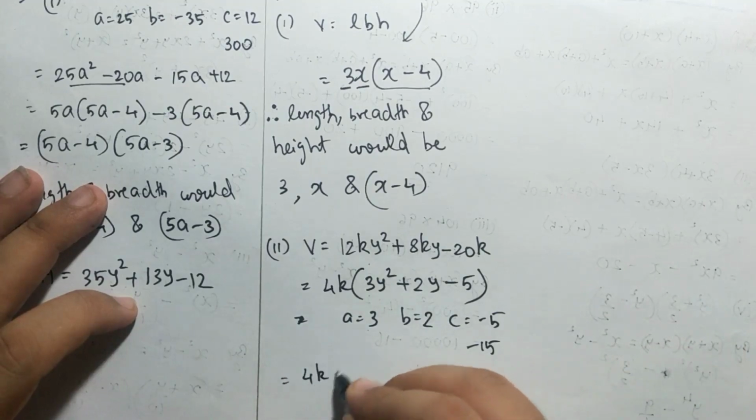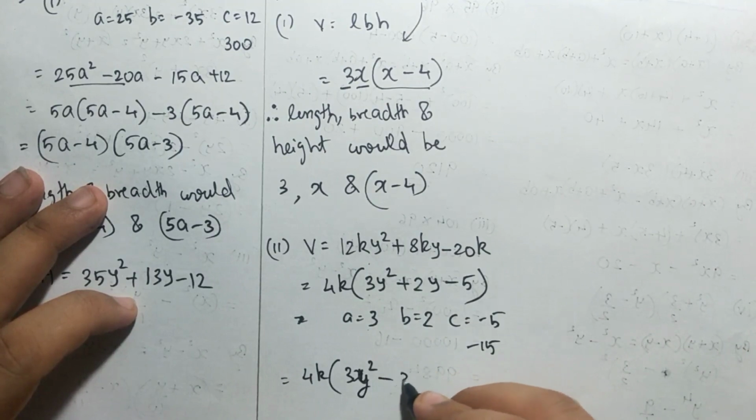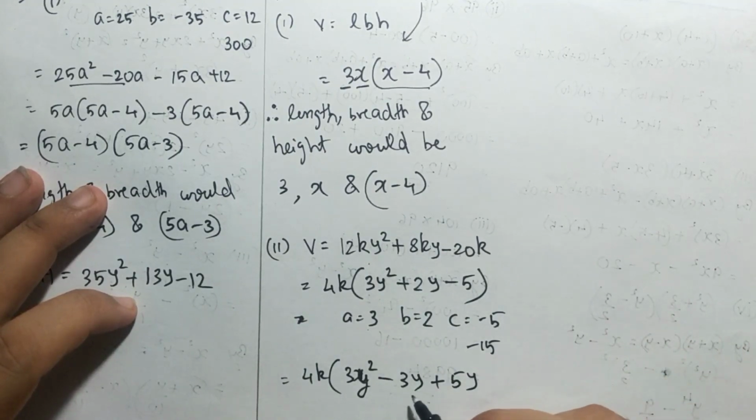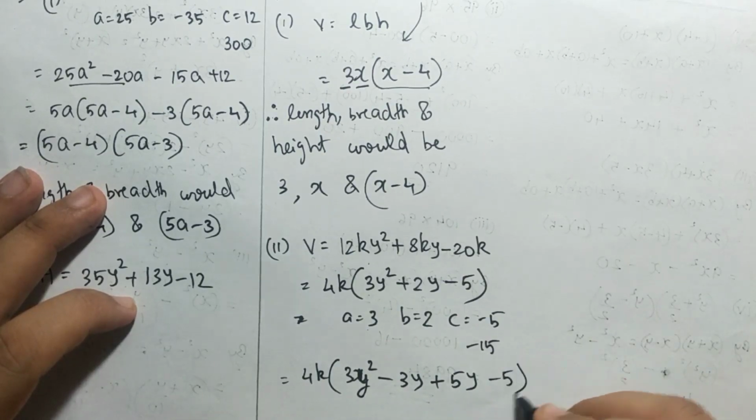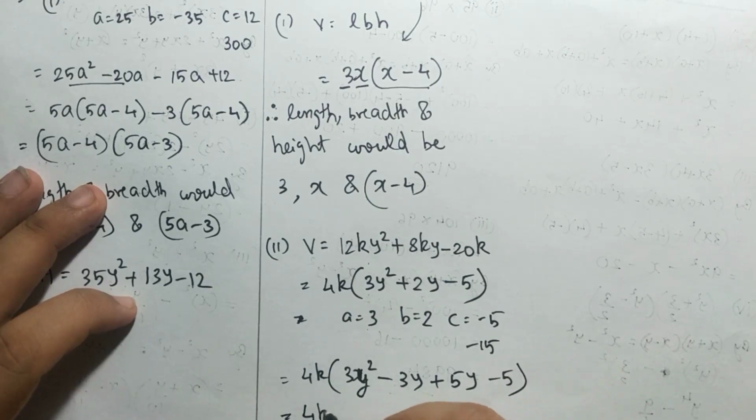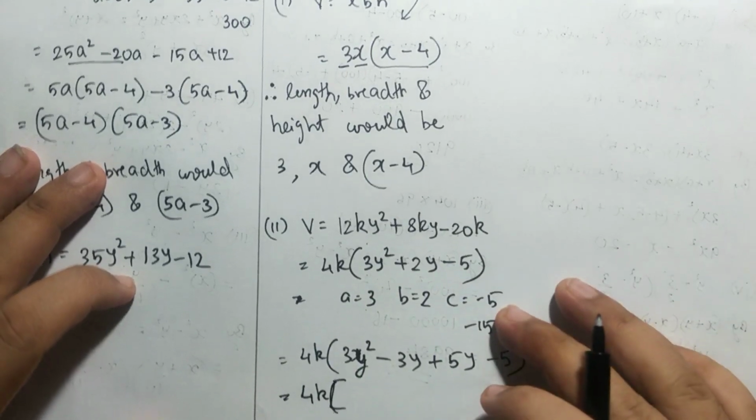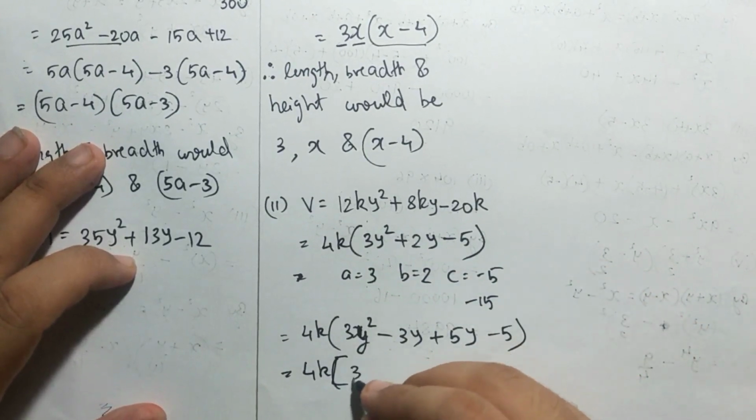So 4k multiplied by 3y square minus 3y plus 5y minus 5. I am writing minus 3y because I can take common 3 from them. This 2y is split into minus 3y plus 5y. 4k as it is. What is common from the first two terms? 3y.